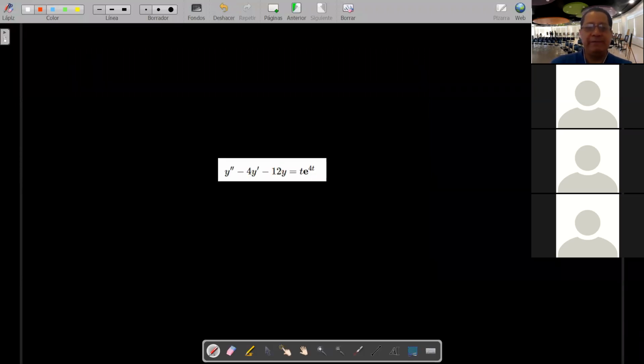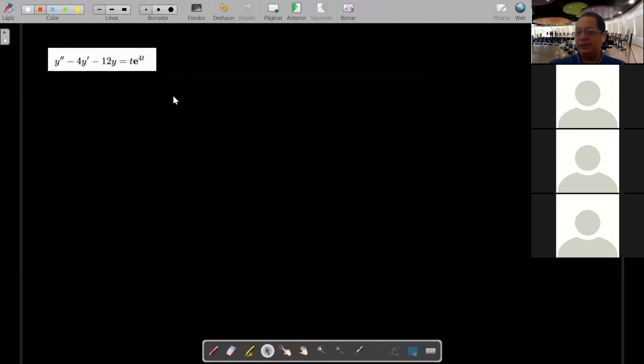So what if we have some forcing function like this one? Obviously, this is not just a polynomial, it is not just an exponential, but a product of an exponential and a polynomial. In this case, this is a first order polynomial.